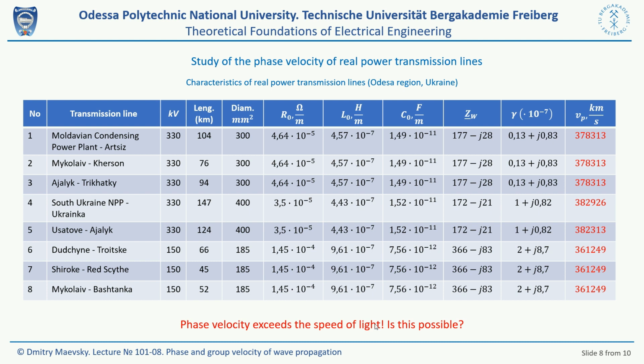You already know all the formulas from the previous lectures, and the primary parameters of the lines are given in the table. As you can guess, there are no errors here, and the fact that the phase velocity exceeds the speed of light can be explained. We will explain this on the next slide.